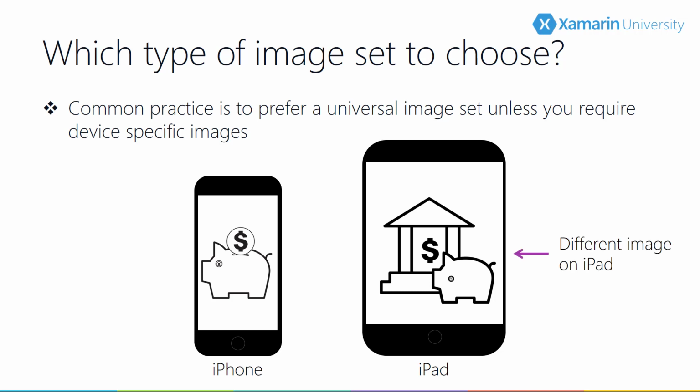As you can see, yes, here I'm displaying a different image on the iPad, and that is acceptable. But generally, changing the experience that much per device platform is not good advice because it creates an inconsistent use of your application. But if you want to potentially add more detail or change up the image a little bit on an iPad versus an iPhone, it's not the end of the world, and you can definitely do that.